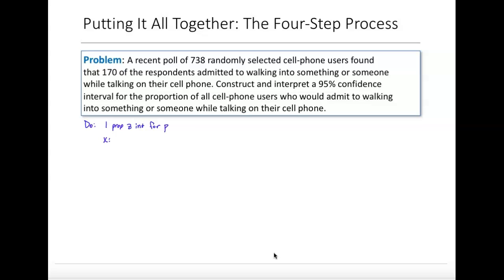What's the value of the number of successes? Number of successes being people who walk into stuff. So that's 170. N is going to be 738. C level, 0.95. And that's it. Now we're just going to pop that into the calculator, and that'll get us our confidence interval. And we'll fill it in right there.